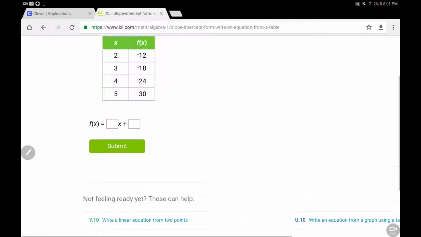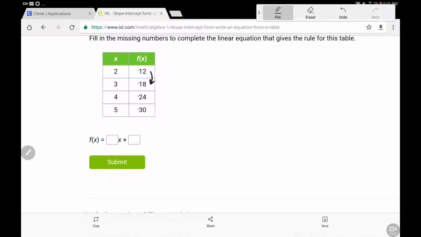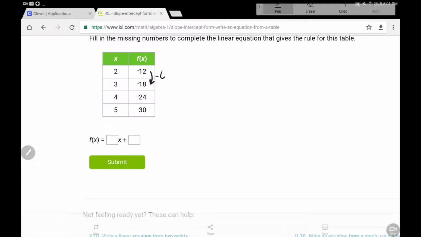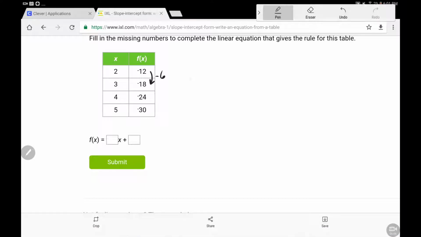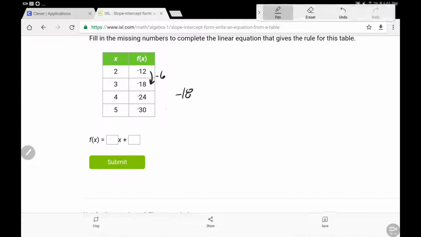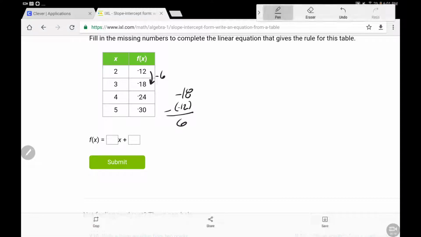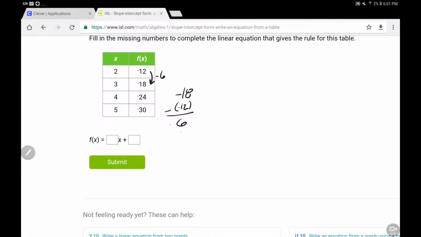Last one. So here, it's the same thing, but people get tripped up here because minus 12 to minus 18 is actually minus 6. And if you need to know why that is, if you did negative 18 minus negative 12, you will get minus 6, because that's the difference in those two values.